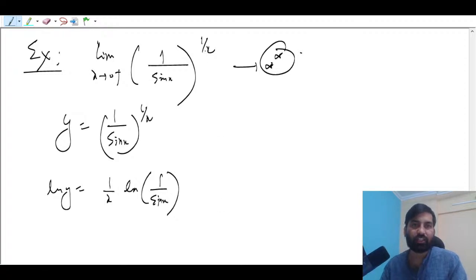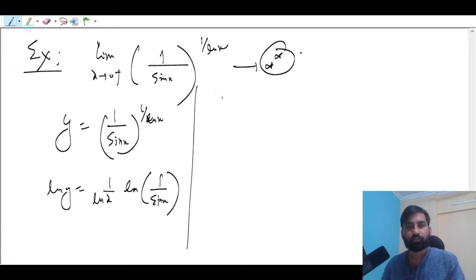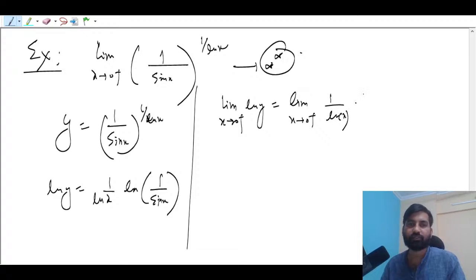Sorry, I believe there was ln x in the exponent, this was ln x only. So limit x tending to 0 plus of ln y equals limit x tending to 0 plus of 1 by ln x times ln 1 by sin x.